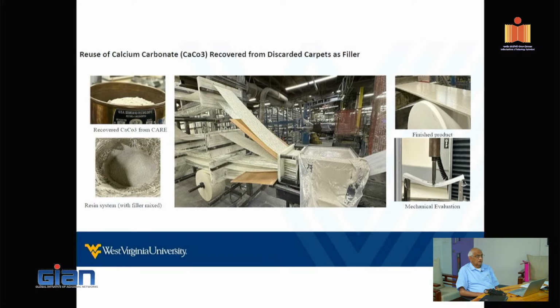So we are working on carpet recycling. I won't go into detail, but we recovered the calcium carbonate, which is the backing of the carpet material. We are reusing that recovered material in a pultrusion process, and we got as good results as virgin calcium carbonate.